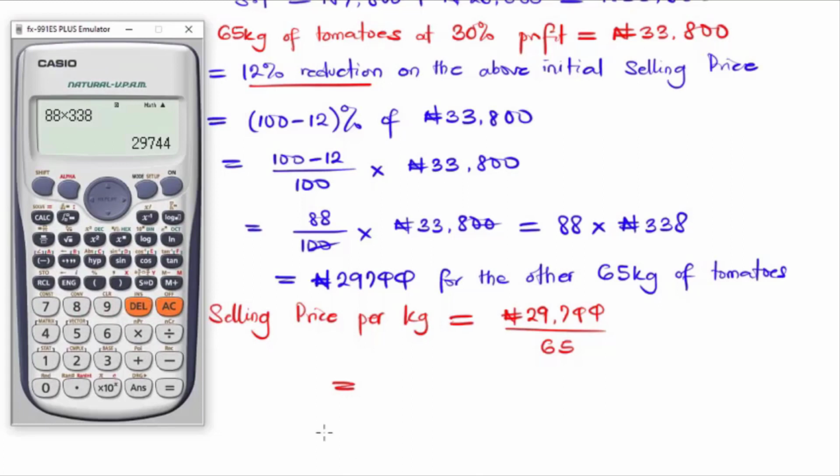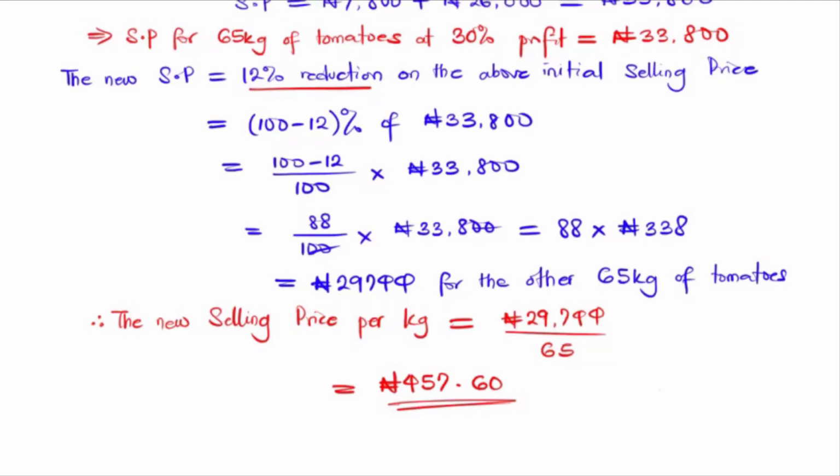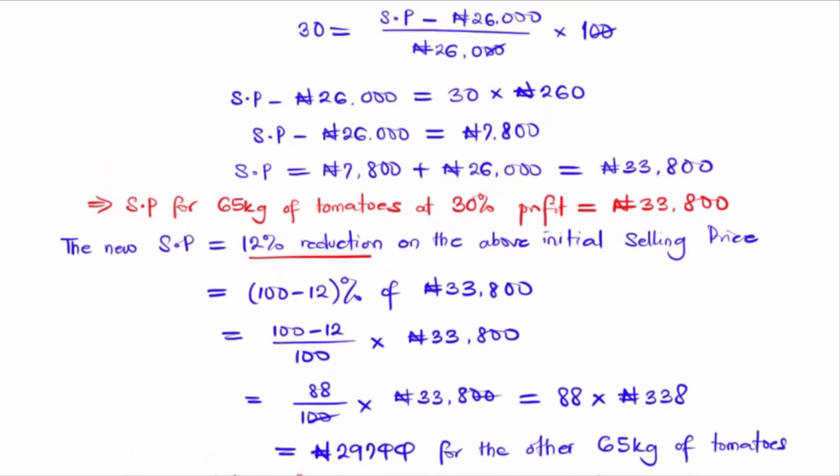So for each kilogram it will be that amount divided by 65, and that will give us 457 naira 76 kobo. Okay, so that will be 457 naira 60 kobo. So this is the new selling price per kilogram for the tomatoes.